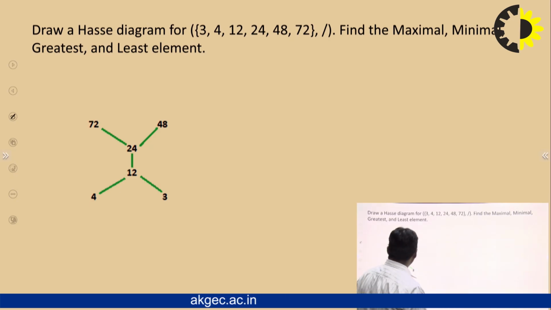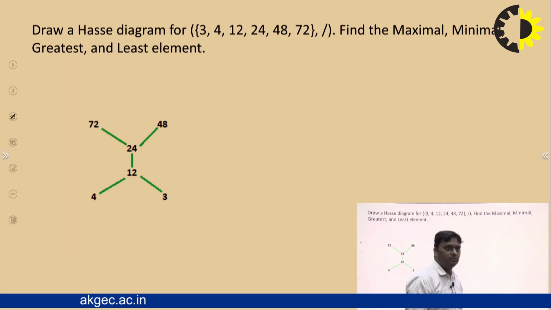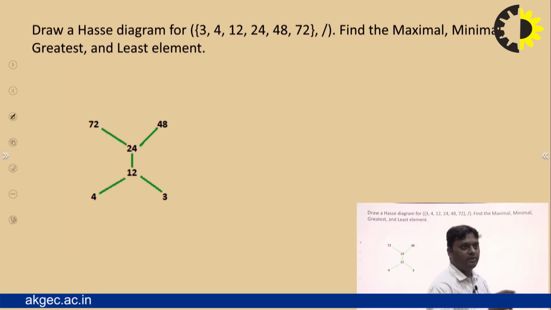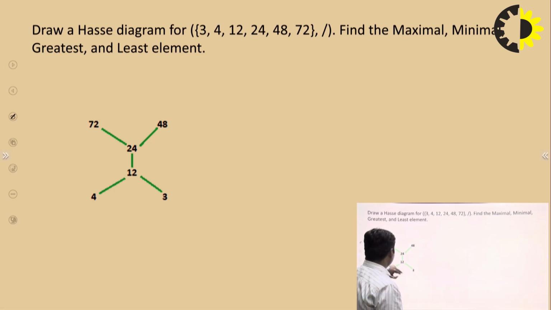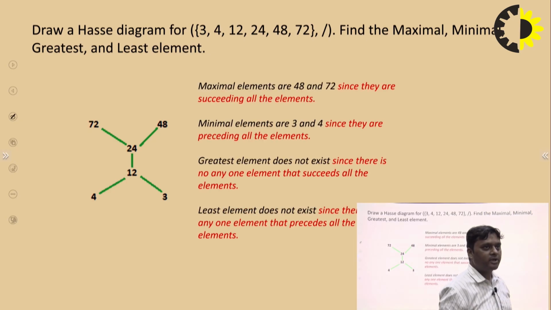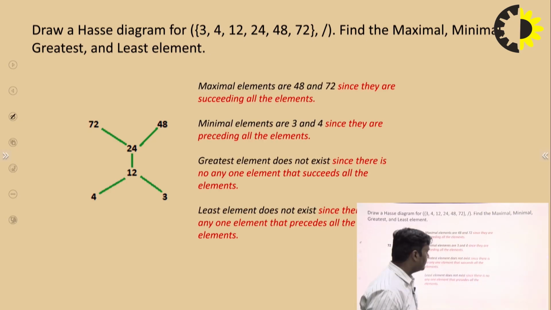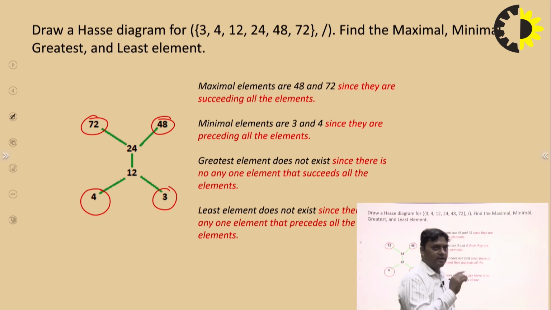As the definition says, no other element should be greater than that. Then the maximal elements of this Hasse diagram are 72 and 48. 72 and 48 will be the maximal elements. Minimal elements should be 4 and 3 here, because no other element is less than that.